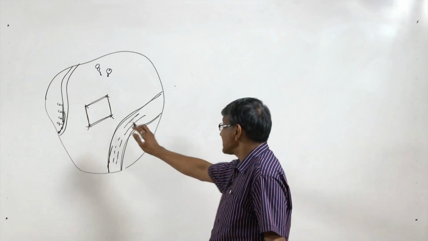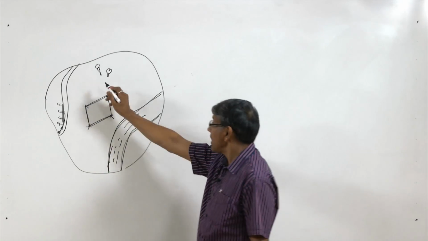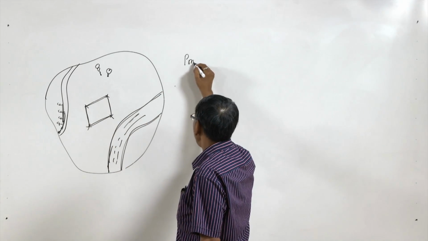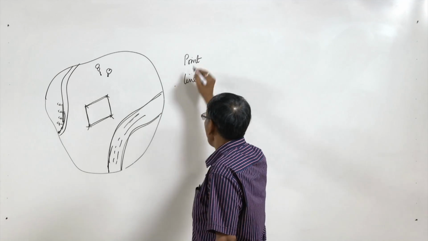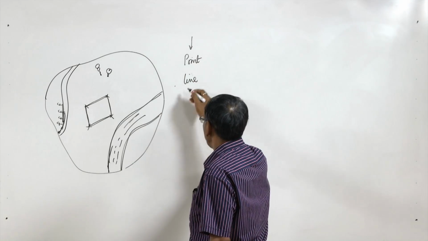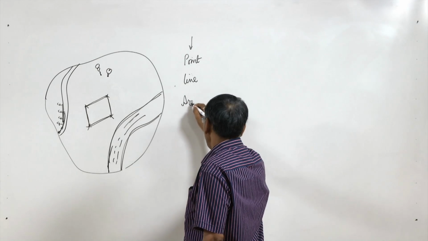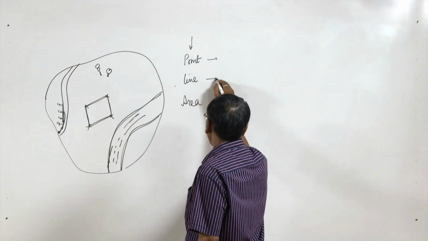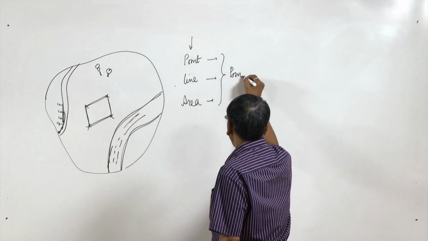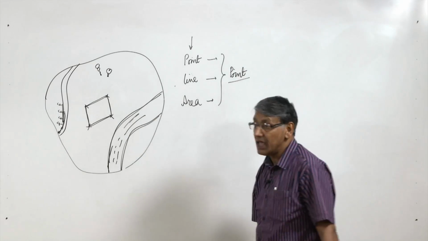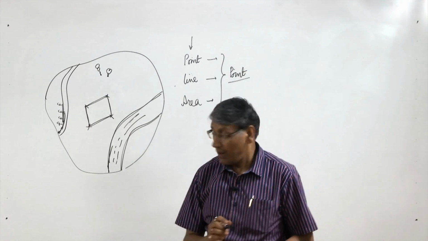That means we can say that objects may be divided into these types: point object, line object and area object, and all these types of objects can ultimately be delineated or mapped by identifying salient points of the object.